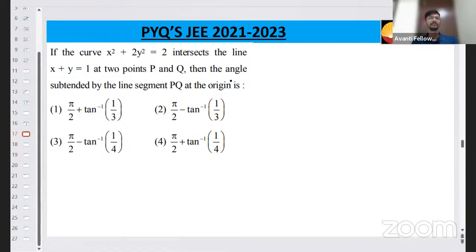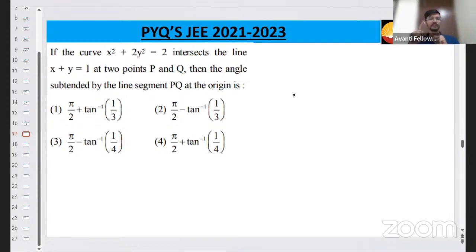So let's see, if the curve, now this curve is an ellipse, intersects the line at 2 points P and Q, then the angle subtended by the line segment PQ at origin. Now, I don't know if you have covered this topic in your classes, because it's a very interesting thing.